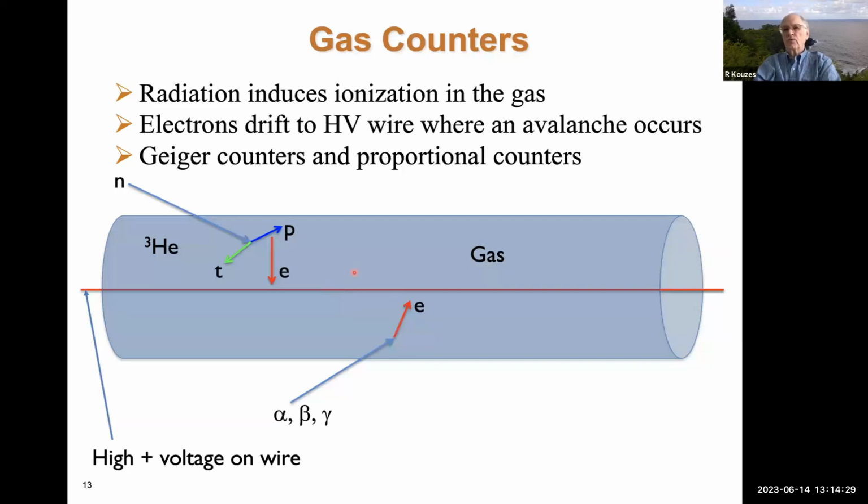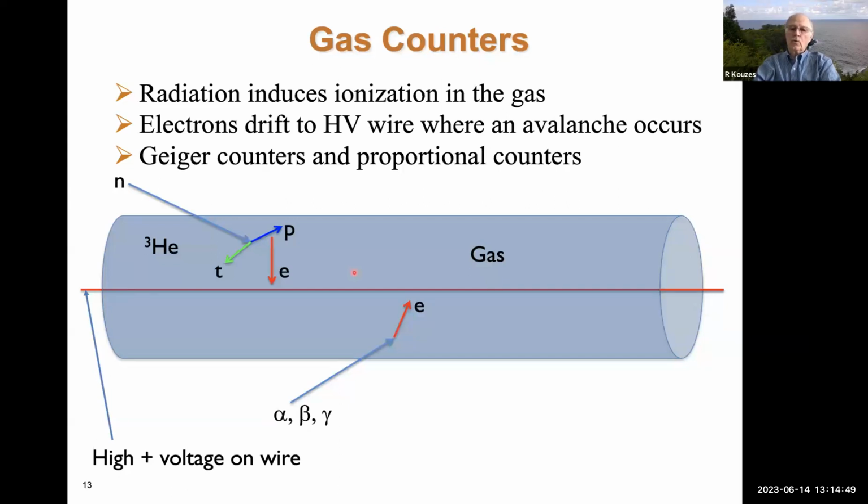If the voltage is fairly low, the signal will not be amplified, and we call that an ionization chamber. If the voltage is higher, the electrons, when they get within one wire radius, will avalanche and produce additional electrons that then are collected by the wire.